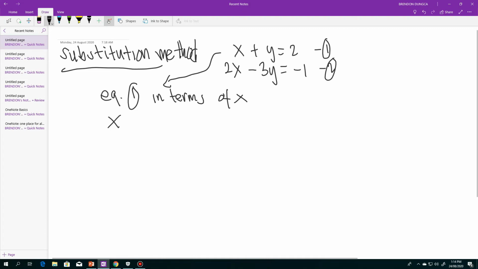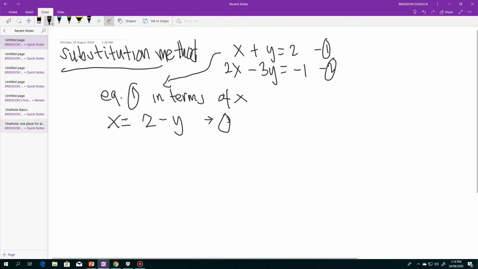So x, we transpose y to the other side, it becomes negative. So we have x is equal to 2 minus y. So this will be our new equation. Let us name this as equation 3.